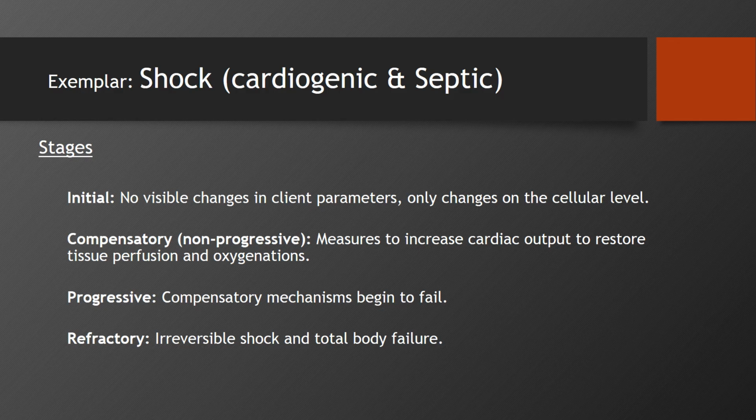So with the progressive stage, you start to see your compensatory mechanisms fail, meaning your blood pressure and your MAP start to fail. They start to decrease, okay? So your vital organs are not being perfused very well anymore. You may also have lactic acidosis in this stage, okay?